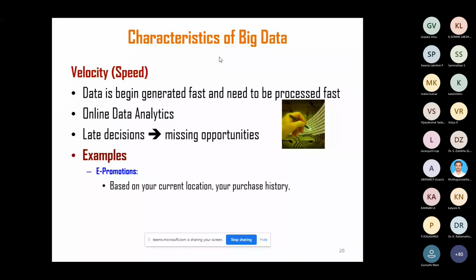When you take a late decision, obviously we may miss certain opportunities. Let us take an example like e-promotions, which are being considered nowadays on social media. Based on your current location or your purchase history, let us consider a scenario where you're traveling in some city, and when you're crossing a popular shop, that shop may track your information and try to send some promotional tickets, through which you could get some discounts on purchases.